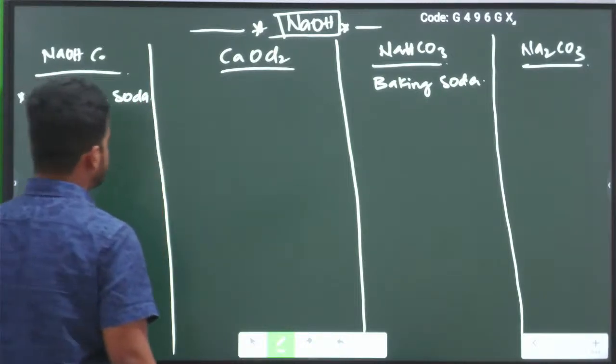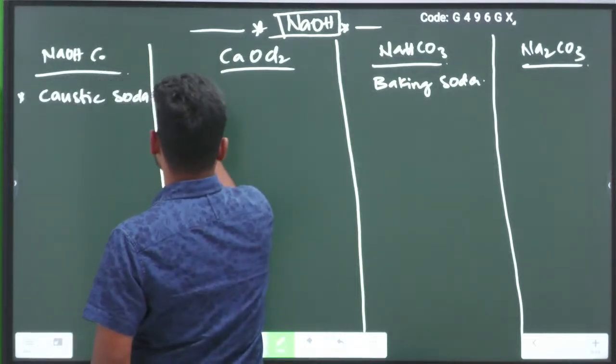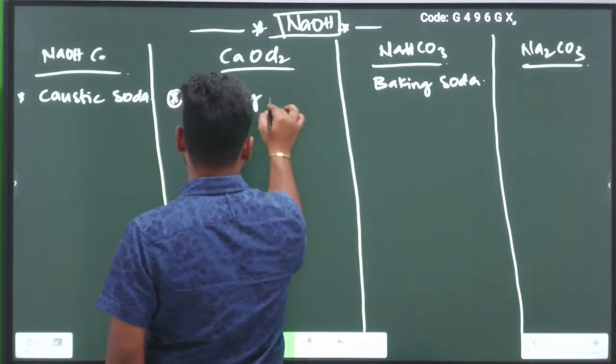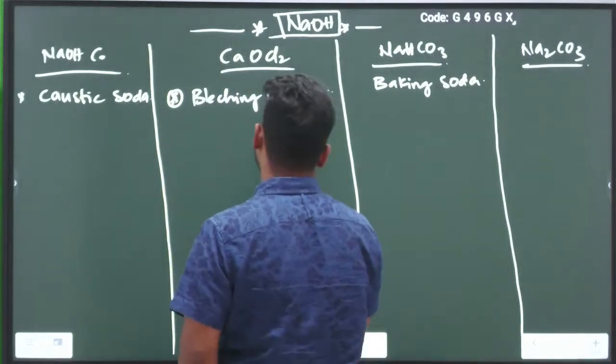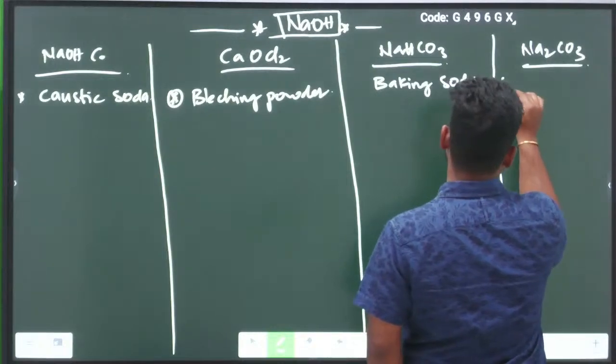Okay? In the same way, CaOCl2 is named as bleaching powder. Well, what are these? These are nothing but common names of these things. Okay? Na2CO3, washing soda.